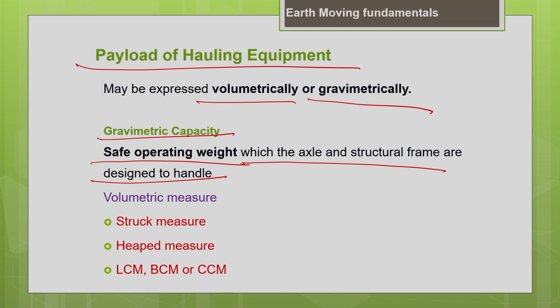When you look at it from a longer time perspective, in the longer run you are actually abusing your machine. When you overload the machine beyond the safe operating weight, your tires will be abused, and all the other components of the machine will be abused. It will result in more wear and tear, and premature aging of your machine.